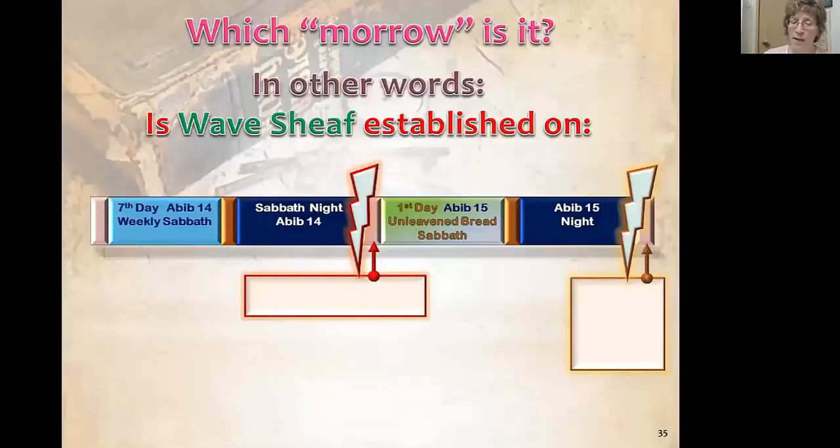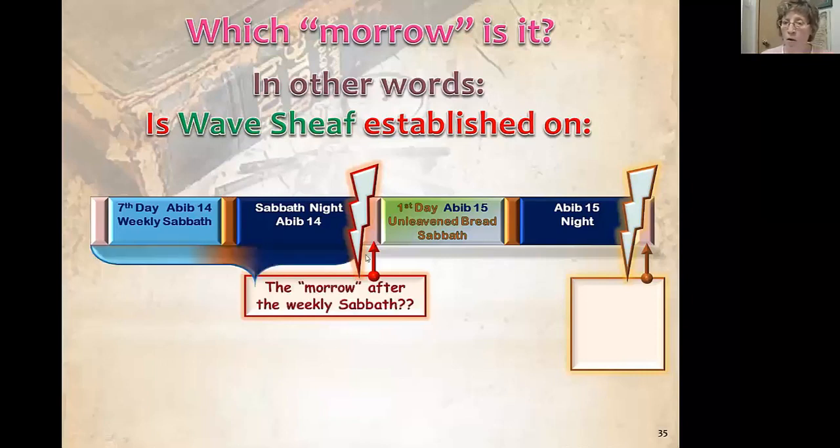In other words, is the wave sheaf established on, remember, we have our Abib 14 Passover right here. So is the morrow and the wave sheaf established on the morrow after this weekly Sabbath, this unleavened bread Sabbath, way over here?